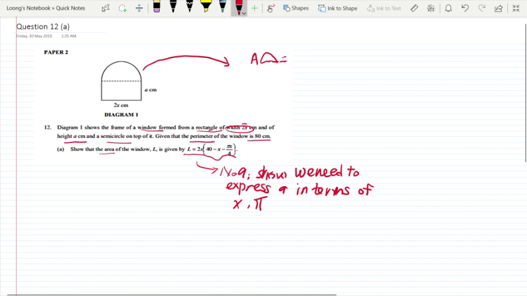That is 1/2 r squared theta, so it's 1/2 x squared times pi (that is 180 over 180), and equals pi over 2 x squared.